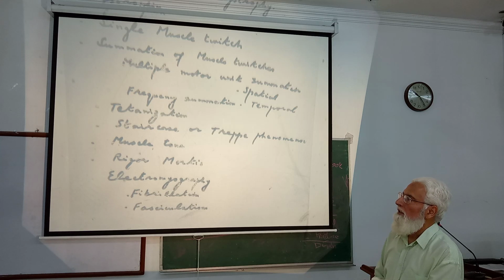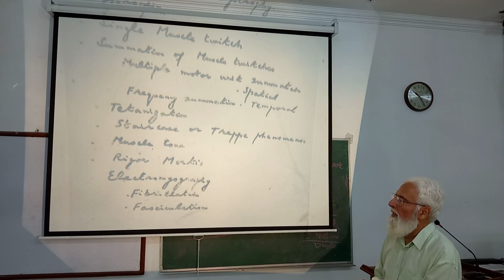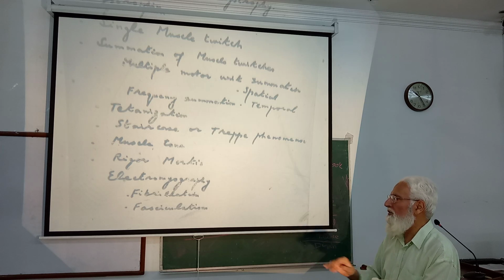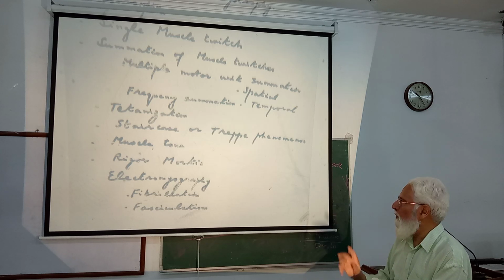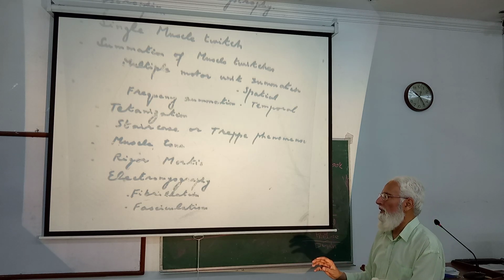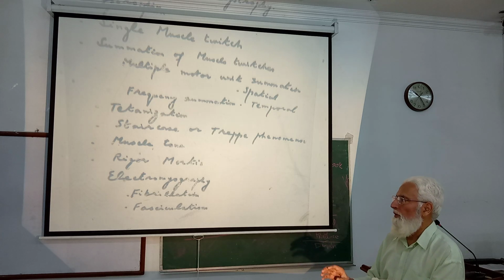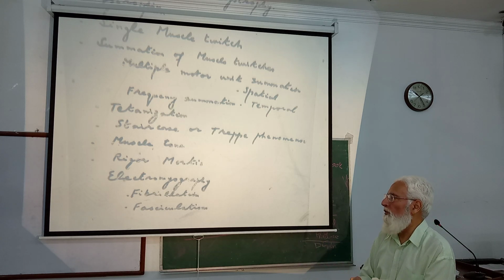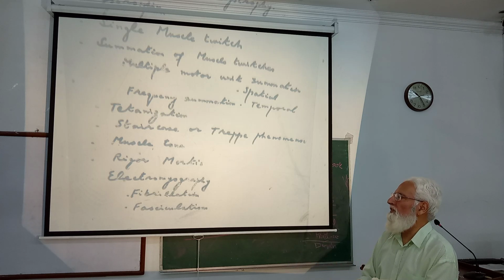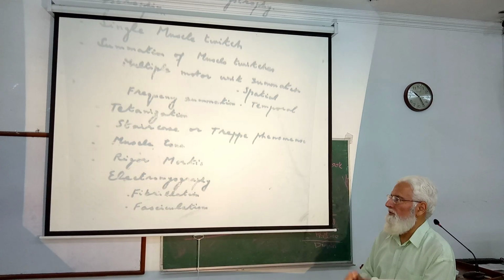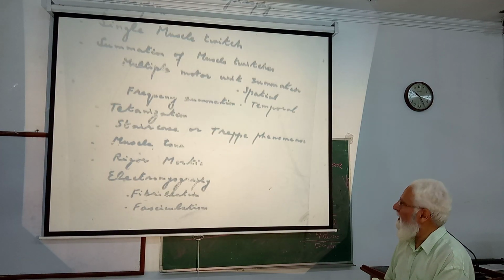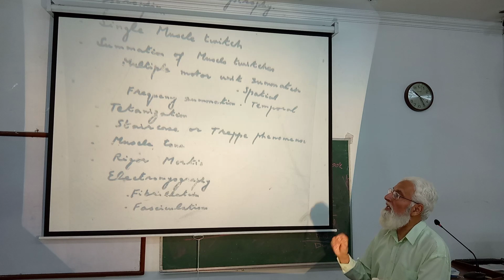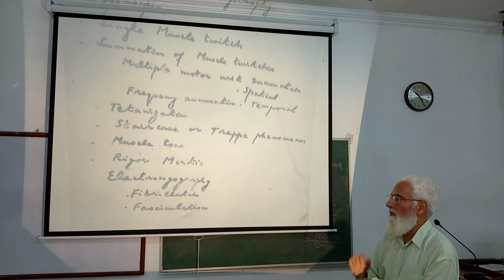EMG is recorded by placing small metallic electrodes on the skin overlying the muscle, or it can be recorded by inserting needle electrodes into the muscle.